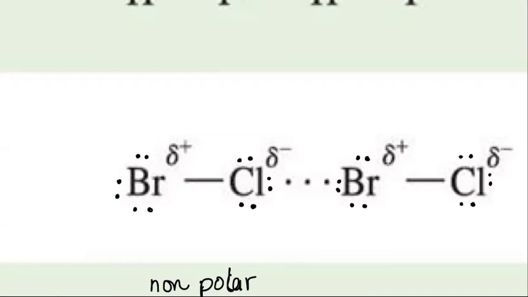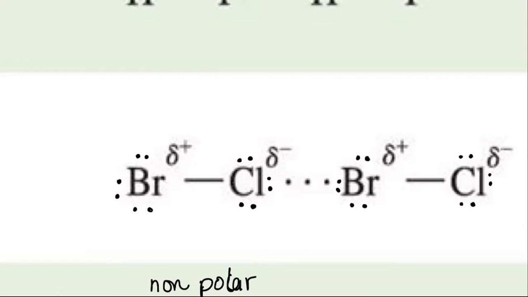And as we go up in a group towards fluorine, electronegativity actually increases. So it makes sense that chlorine is going to be more electronegative compared to bromine. Now, taking that into consideration, understand that these dipoles are permanent.